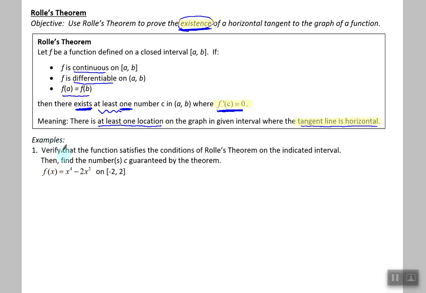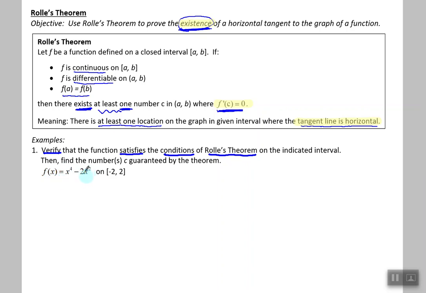Examples. Number 1, verify that the function satisfies the conditions of Rolle's theorem on the indicated interval. Then find the number or numbers, c, guaranteed by that theorem. So there are three conditions that have to be satisfied. Now I notice this function is a polynomial.